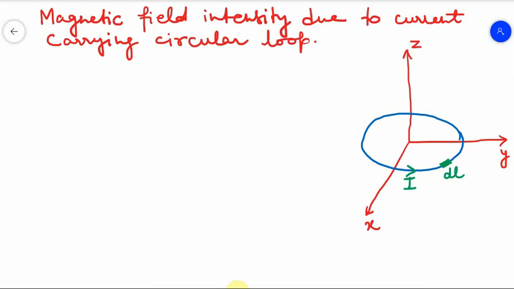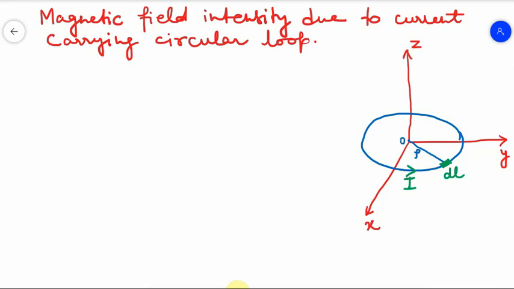So for this element Idl we can consider, and this is rho, the vector from origin to this dl.